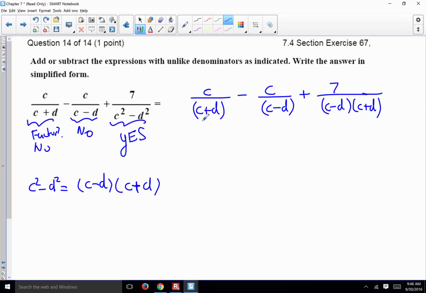Do you have a single factor that matches everywhere? The answer is no. C plus D is common in the first and last one, but not in the middle. So to make C plus D also in the middle, what do you think you should do? Yes. Look, C plus D is here, here, but missing here. So I will put C plus D in there then.